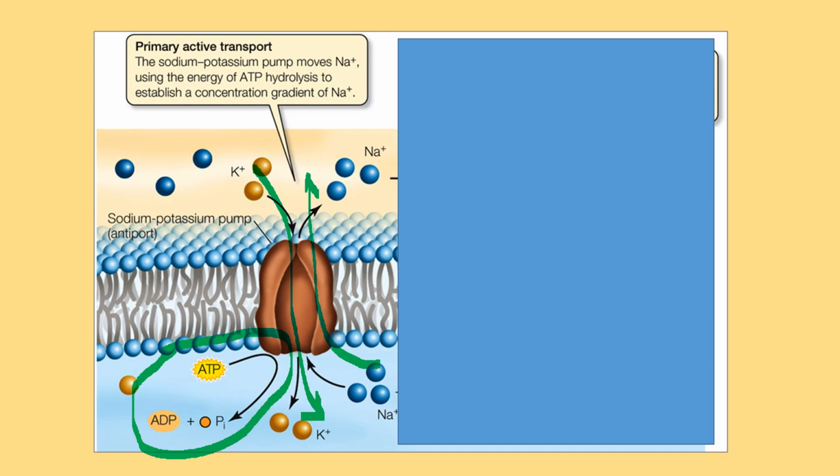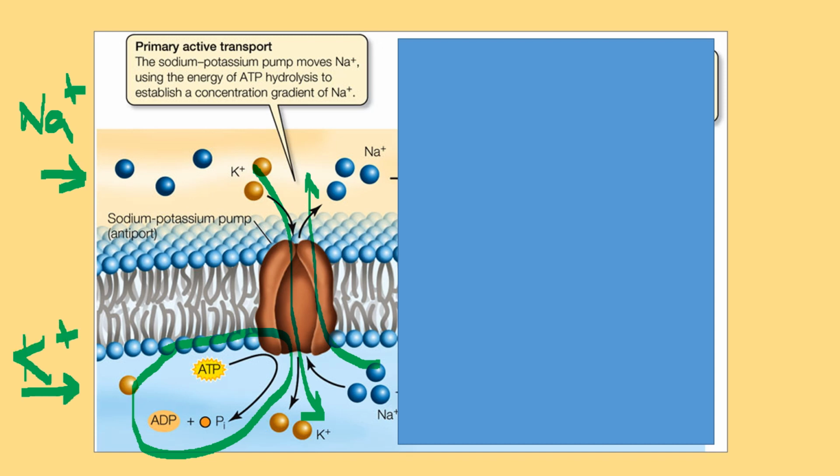It is important to note that because of sodium-potassium pumps, outside the cell has a much higher concentration of sodium ions, and inside the cell has a much higher concentration of potassium ions.